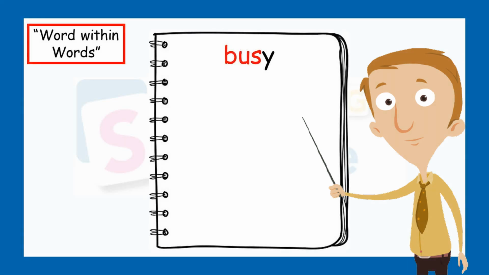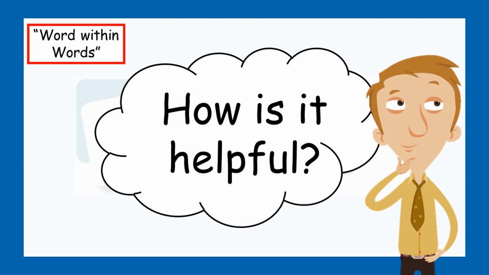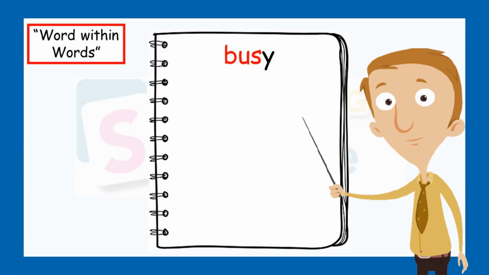B-U-S. But how is that going to help us spell bigger words? Well, if I already know how to spell the word bus, then it's really easy for me to learn the spelling busy. All I have to do is learn what comes after the small word.